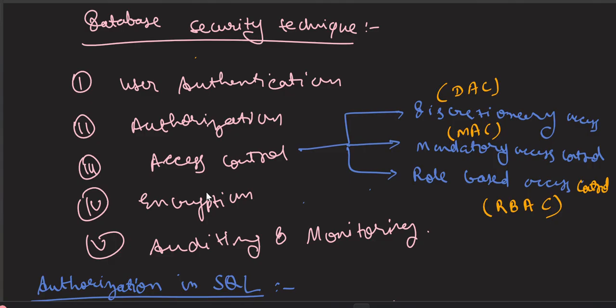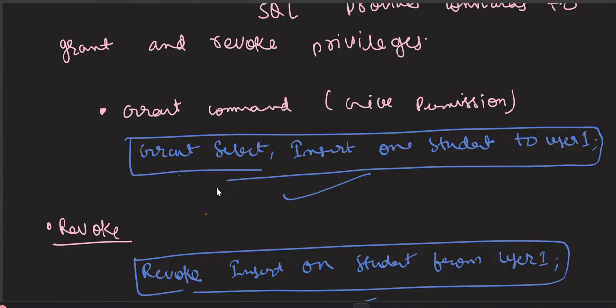SQL provides GRANT and REVOKE for managing user privileges, and I gave you the SQL commands for how to grant and revoke permissions. That wraps up today's session on database security and authorization. We learned how databases defend themselves against threats and how authorization ensures controlled access. I hope today's topic was clear and helpful for you.